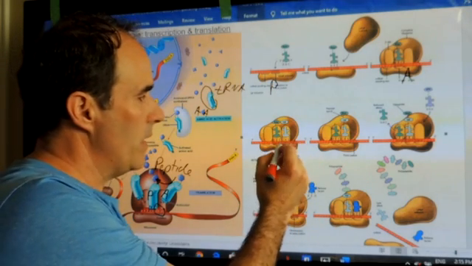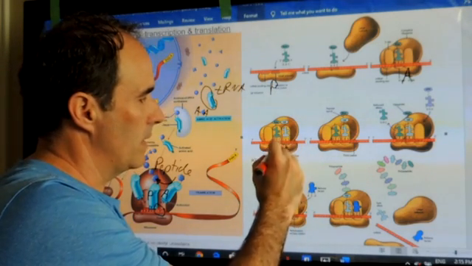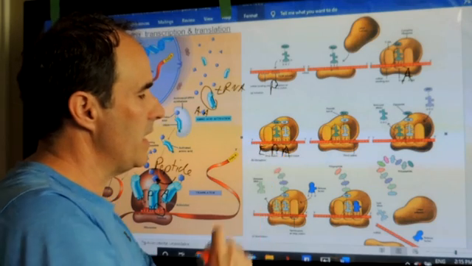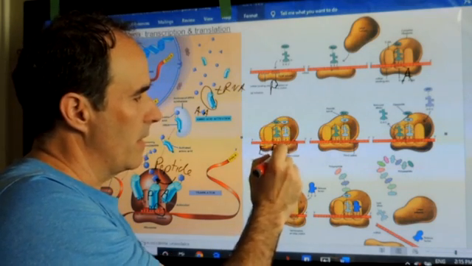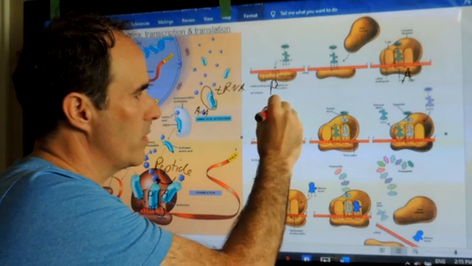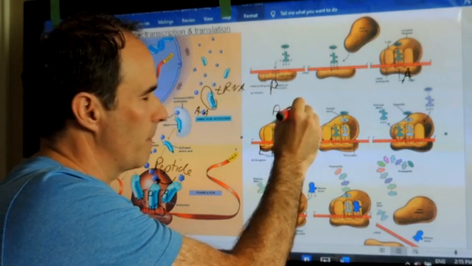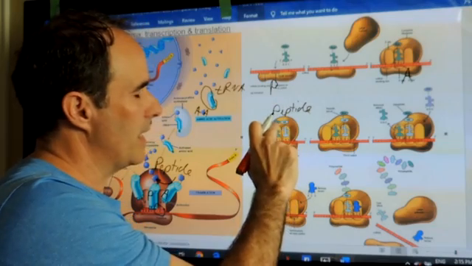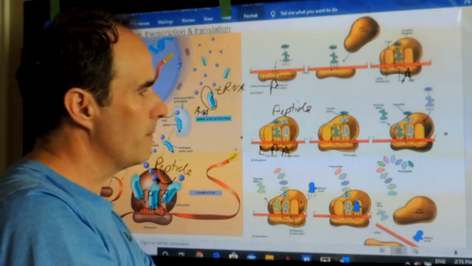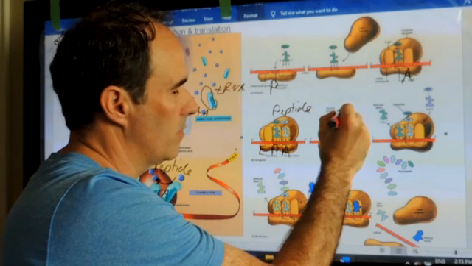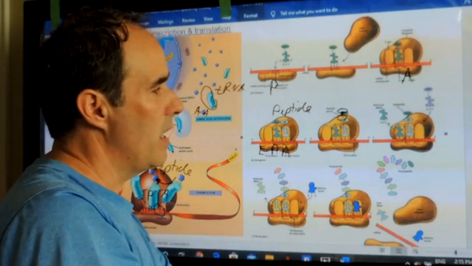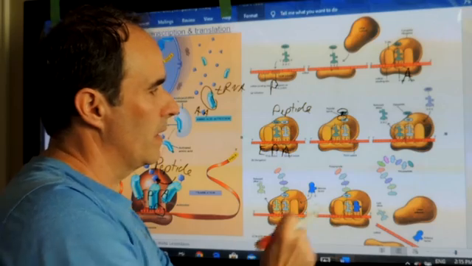Elongation, we have our site A, site P, and this is actually called site E. The amino acid that is at site A joins on with a peptide bond with the amino acid at site P, and you'll see that we have an elongating chain of amino acids.